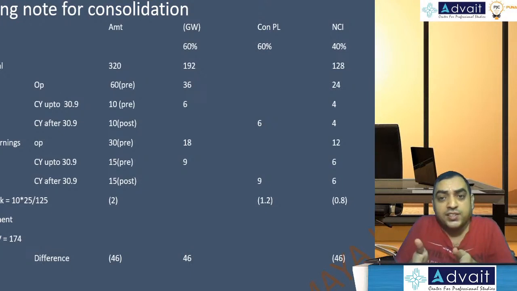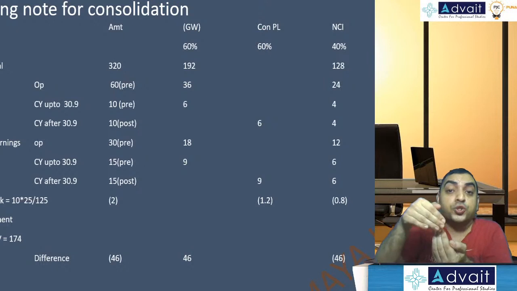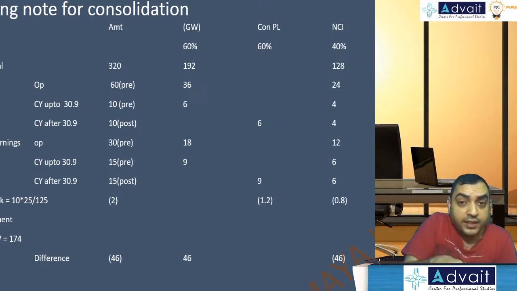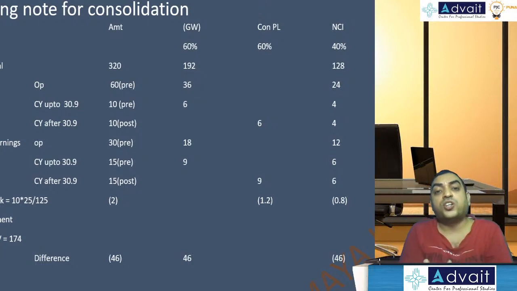Why should I subtract in NCI? Because NCI is already now having book value. What is book value? 174. But what is supposed to be the fair value? From 174 it has to come down to 128. If 174 should come down to 128, what should you do? Subtract. Simple technique, don't think much.